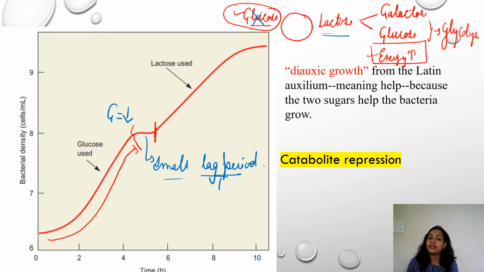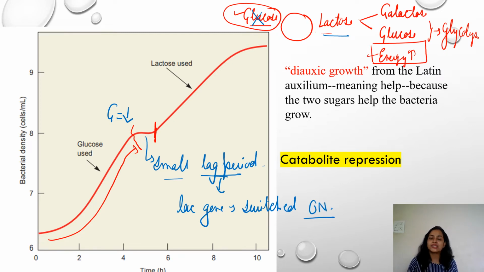So what will happen in the lag period? In the lag period, the bacteria is going to switch on the lac genes. Why? Because glucose is now no more. Only lactose is available, and for the metabolism of lactose, lac genes are required. Sorry, not switch off, it should be switched on.